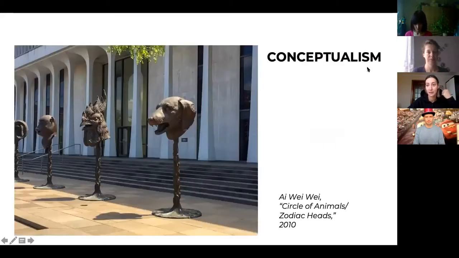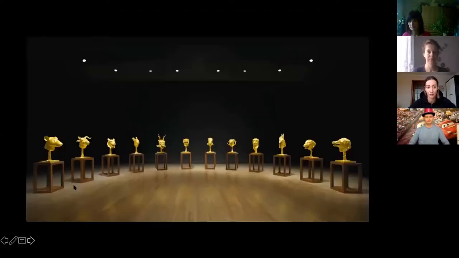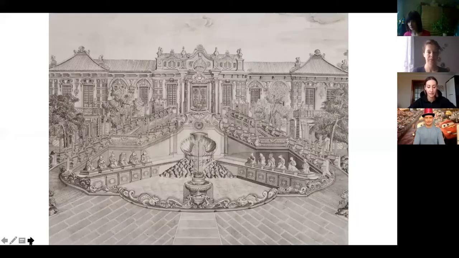For example, this is one of the very popular and important contemporary artworks made by the Chinese artist Ai Weiwei. This is a series of sculptures that recreate the 12 sculptures of the Chinese zodiac. You see them. And what's the idea behind? Behind is the idea of the architectural centerpiece of the imperial gardens outside Beijing in the 18th and 19th century, where you could see these zodiac sculptures.